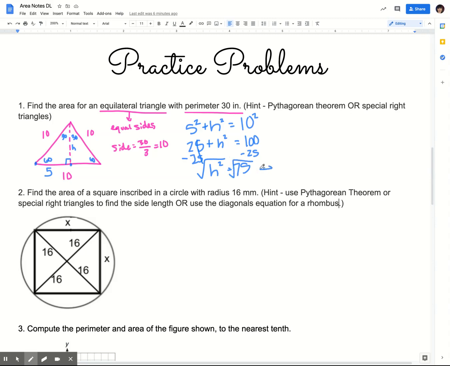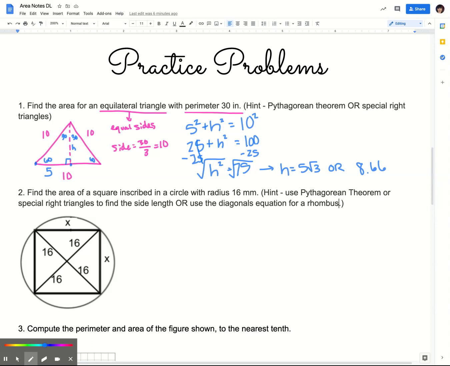You could do this as a decimal, but I'm going to put it in simplest form, which is 5 root 3. You can just plug the square root of 75 into your calculator and you'll get the exact same answer. If I do the square root of 75, that number is 8.66.